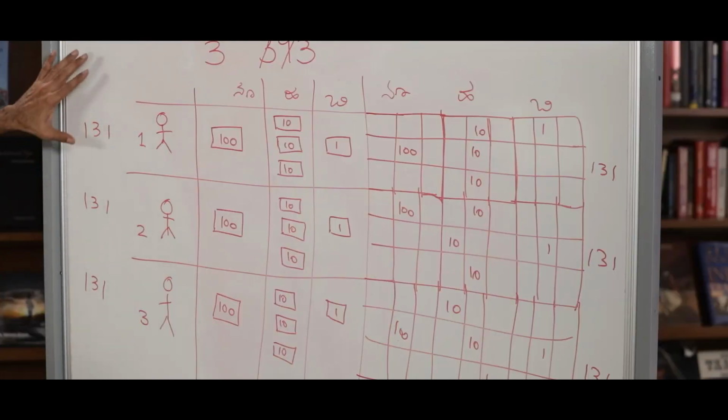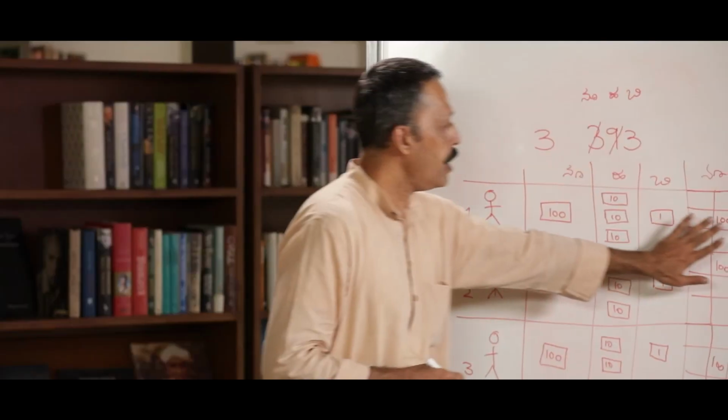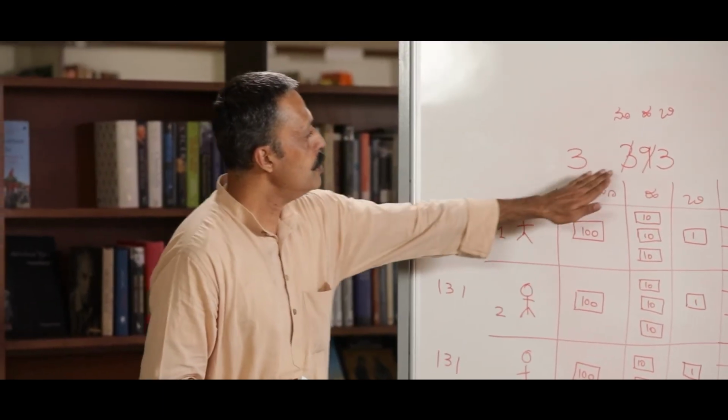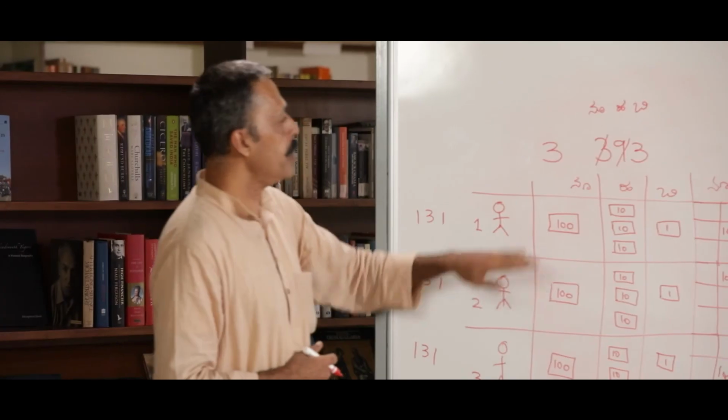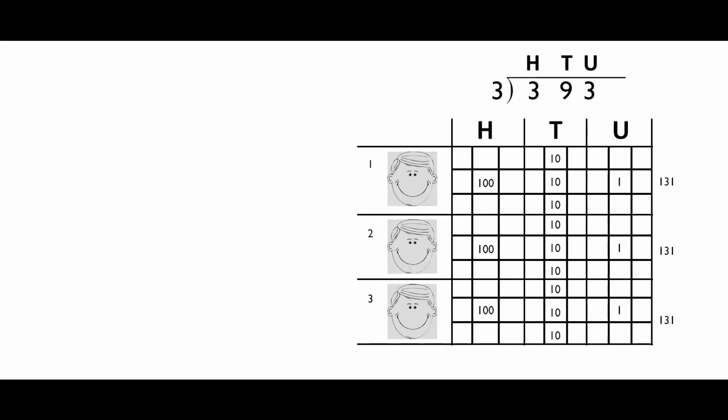So, if we use pictorial and representational stage to show distribution of 393 to 3 people, each one will get 131. This may be seen very clearly when we use the square line notebook and solve a problem.